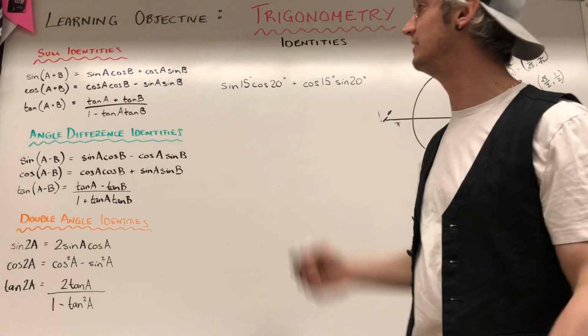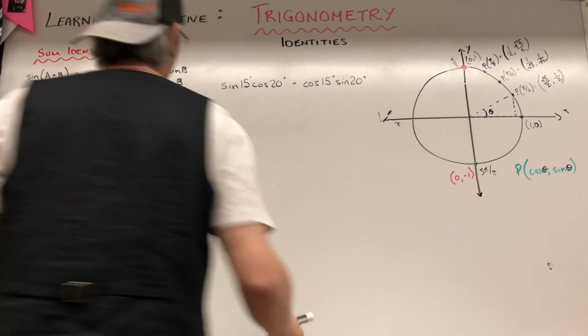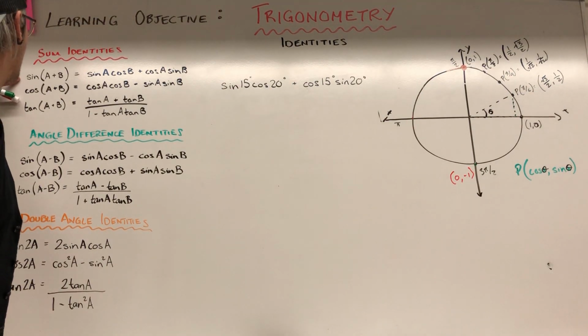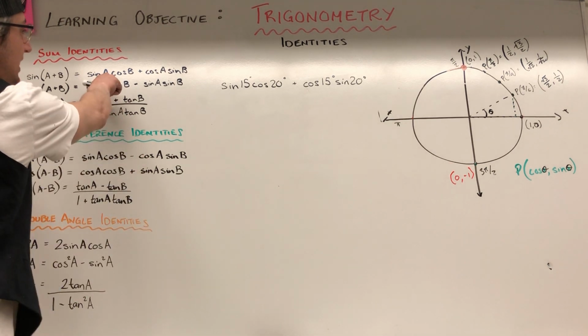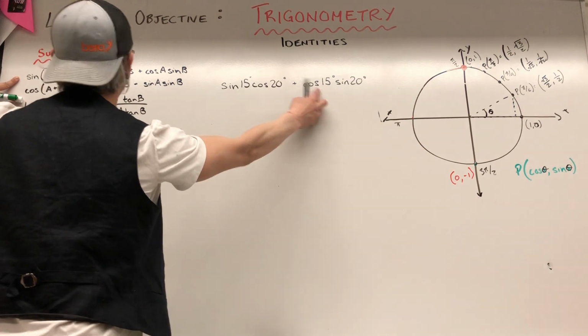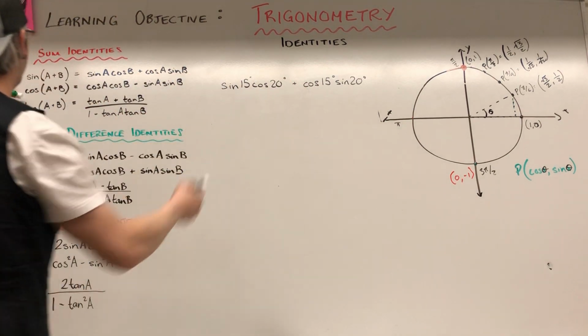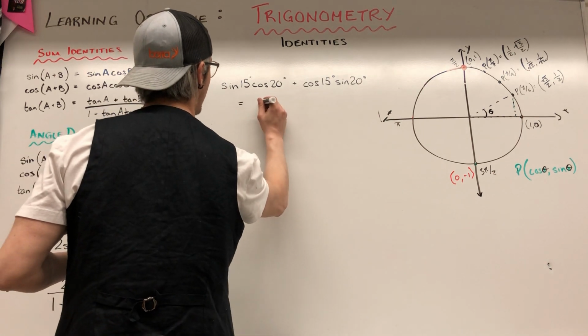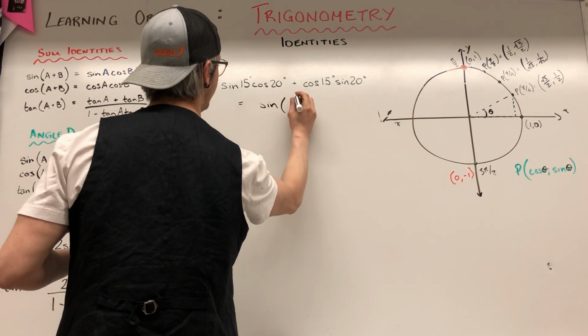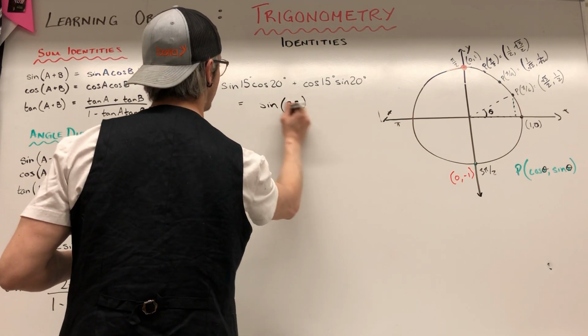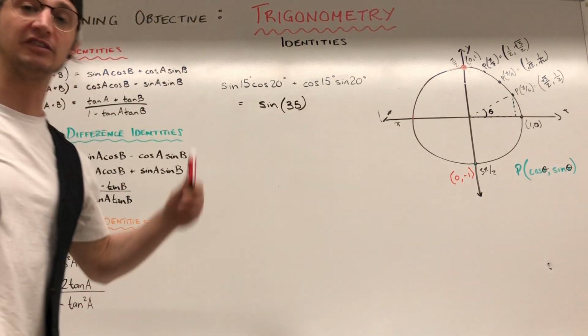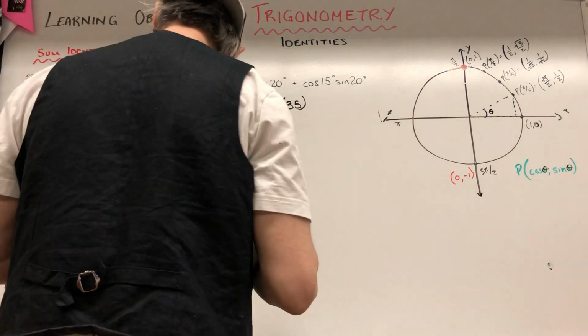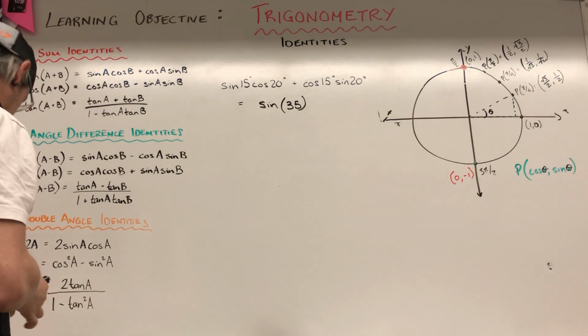This looks like the sine of A plus B identity. I have sine of a number, cos of a different number, and then cos of the A, which was 15, sine of the other. So clearly it's sine of A plus B. I can rewrite this as sine of 15 plus 20, sine of 35, using my trigonometric identity.